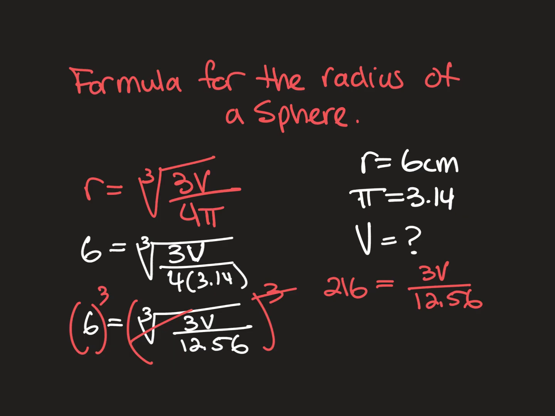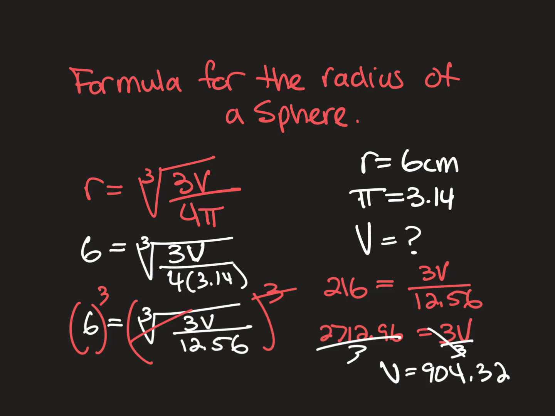And then I'm going to take that number, which is kind of big, and divide it by 3 to get v by itself. It always comes back to the basics. And this is centimeters cubed as well, because we know volume is always cubed.